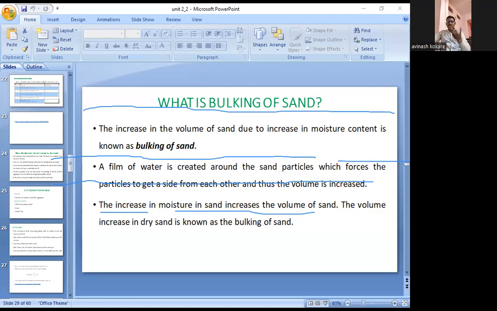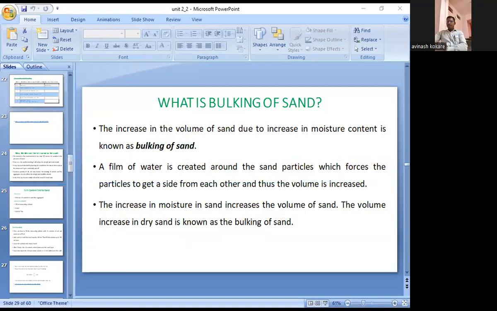Increase in moisture in the sand increases the volume of sand. So the increase in volume of dry sand is known as bulking of sand. Simply, bulking of sand is the increase in volume of sand due to the moisture present in the sand.